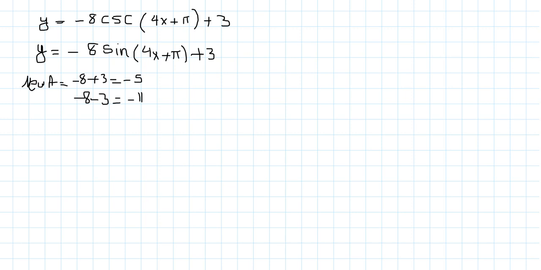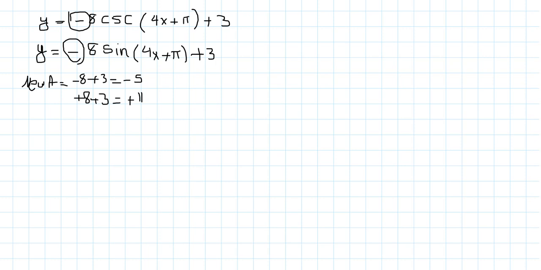Let's check the amplitude again. Because of the asymptotes, in finding the range you must ignore the sign and say one time positive 8 plus 3, one time minus 8 plus 3. So the values are minus 5 and positive 11.